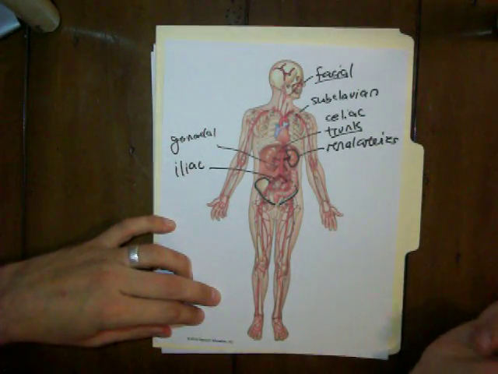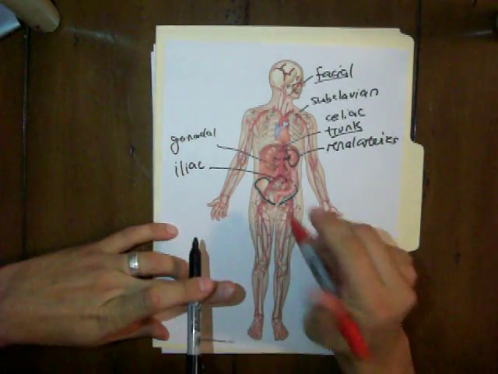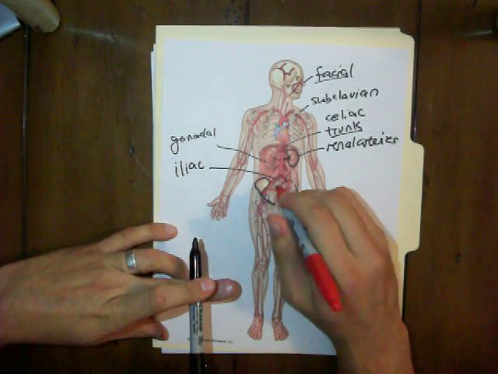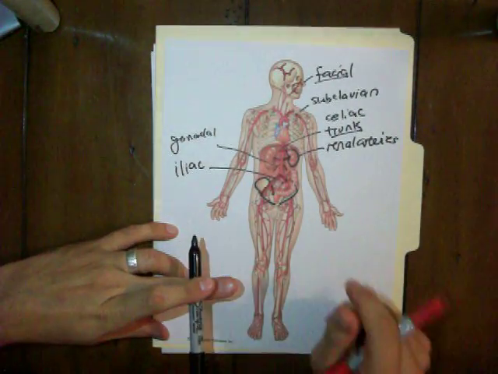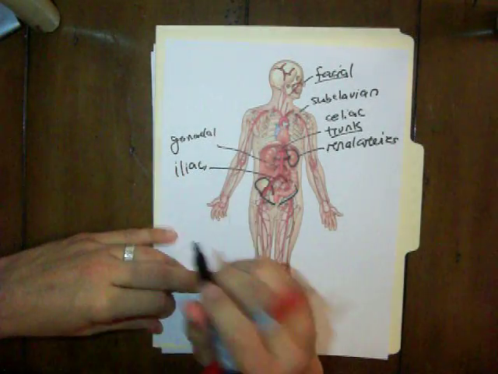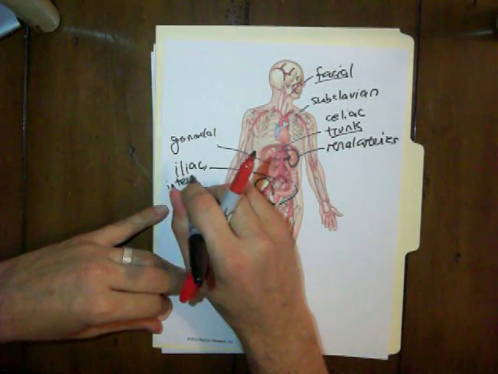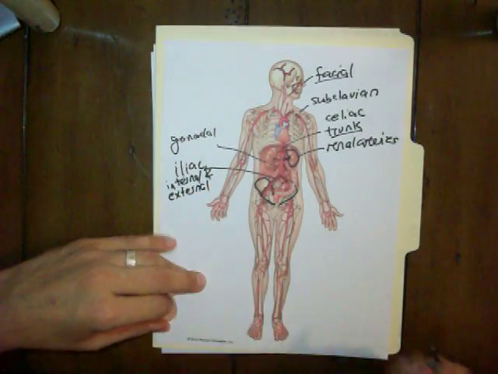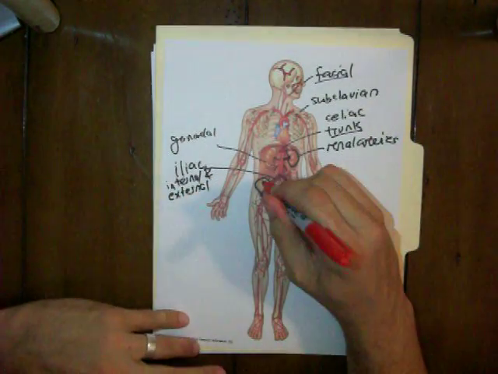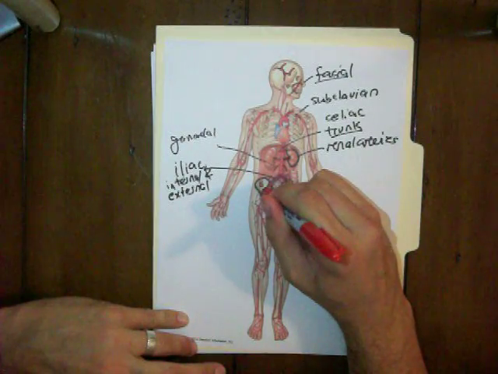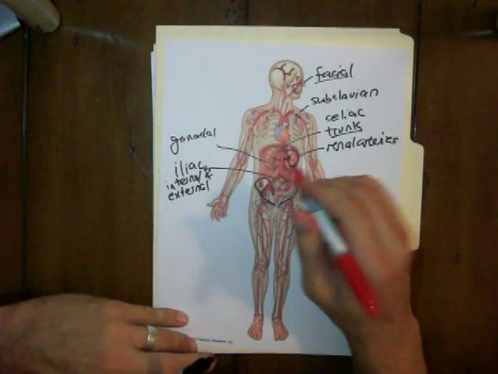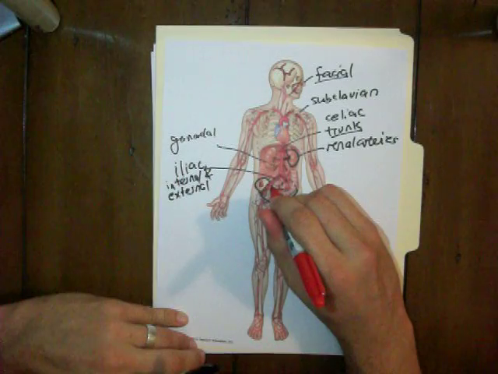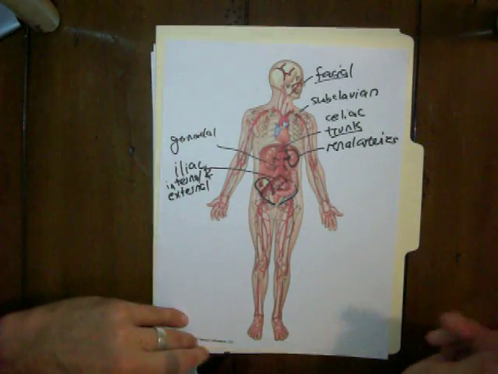But very quickly, those branch, and those branches you'll see here and here. And in the iliac arteries, there's an internal and an external. So the external is more lateral, so over here is the external branch. And the internal branch is medial, so this is your internal branch of the iliac artery.